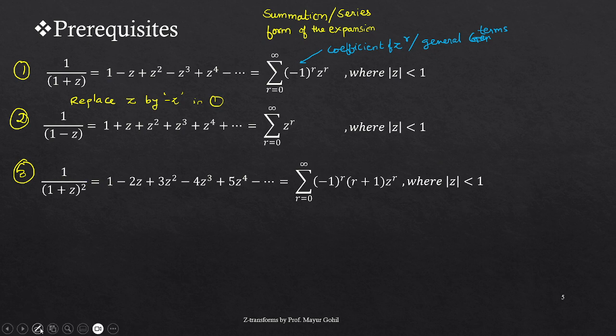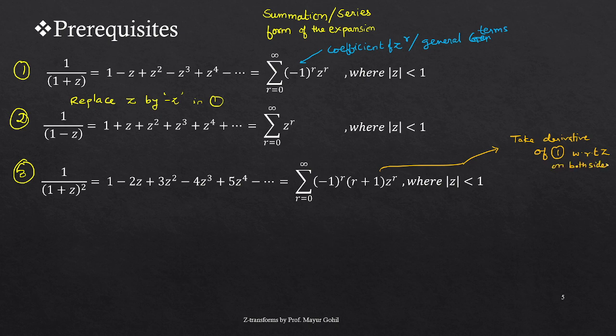I can give you just the hint over here. If you want to derive all these things, you just have to take the derivative of formula 1 with respect to z on both the sides, and you will get the answer for the third one.